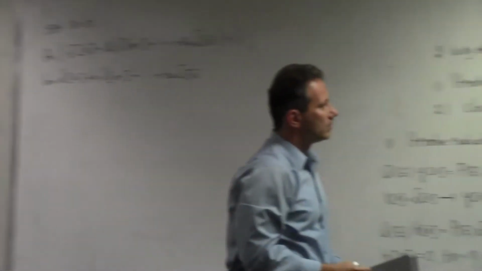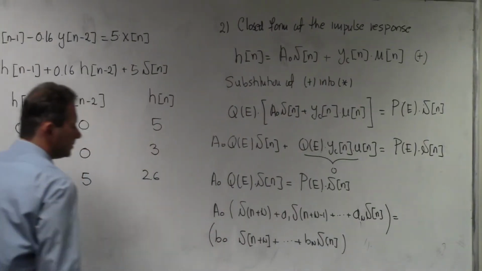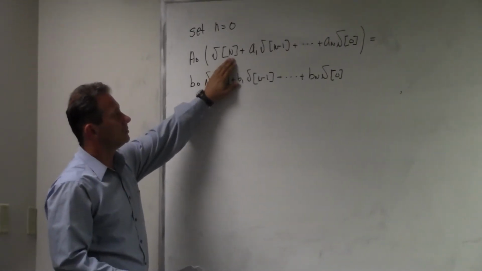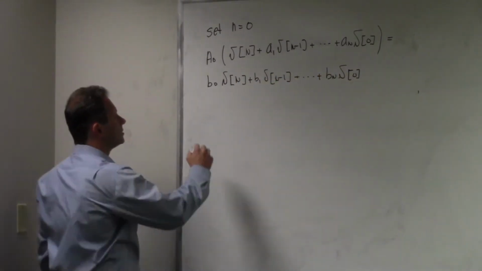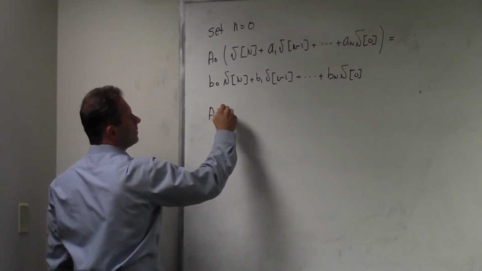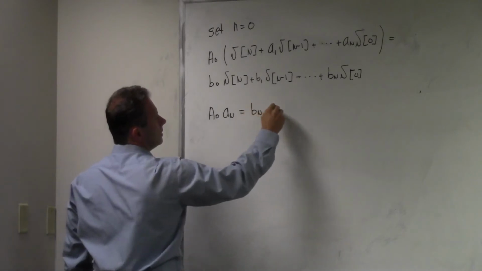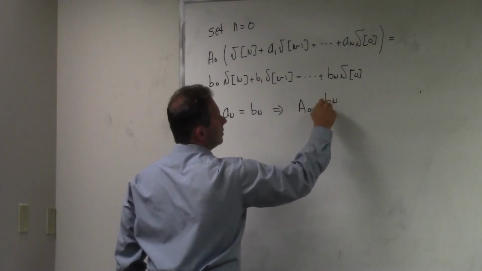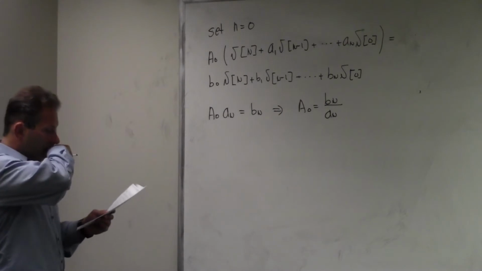I think I've probably made my mistake here, right? It should be like this. Now, if you equate this term by term, delta of capital N is equal to 0, right? All of these terms are equal to 0 except this one here. So we end up with equation AN has to be equal to BN, and therefore your A0 has to be equal to BN over AN.